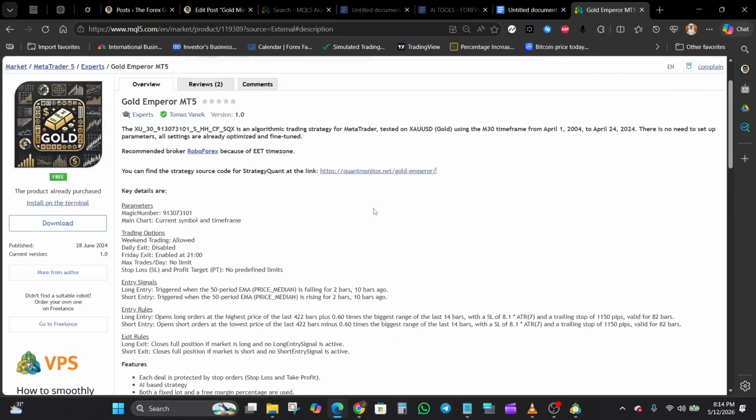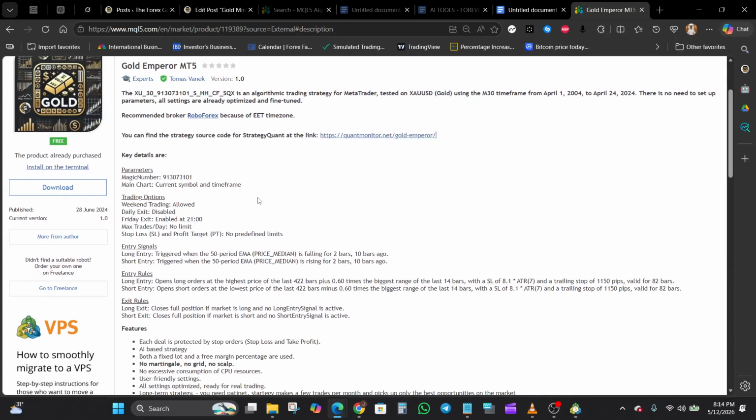Now, as I scroll through the details here, the developer mentions that there is no need to manually configure parameters because the settings are already optimized and prepared for trading out of the box. There is also a broker recommendation for RoboForex due to time zone compatibility.